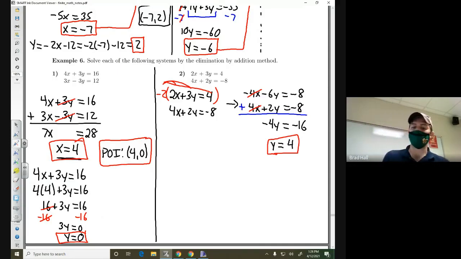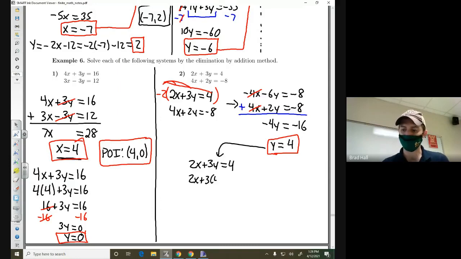But we still have to figure out x, which means you have to take either one of the two equations. I'm just going to pick the top one. And we're going to plug in y is equal to 4. 2x plus 3 times 4 is equal to 4.